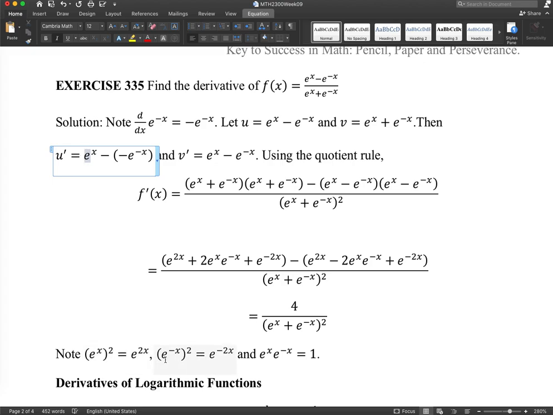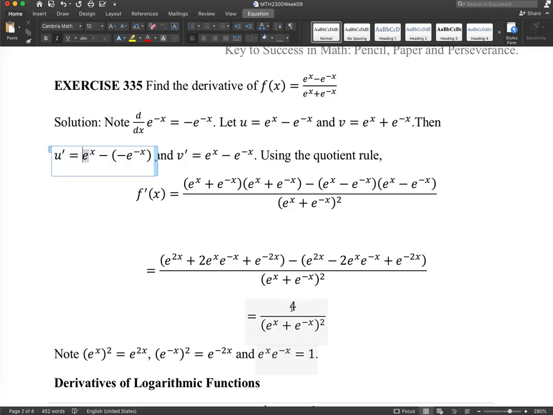And similarly, e to the negative x squared is not e to the 2x, and not e to the x squared. It is e to the negative 2x because it is e to the negative x times e to the negative x, which is e to the negative 2x. Also, the other thing you want to know here is e to the x times e to the negative x is 1. So in the end, this is the answer I got.